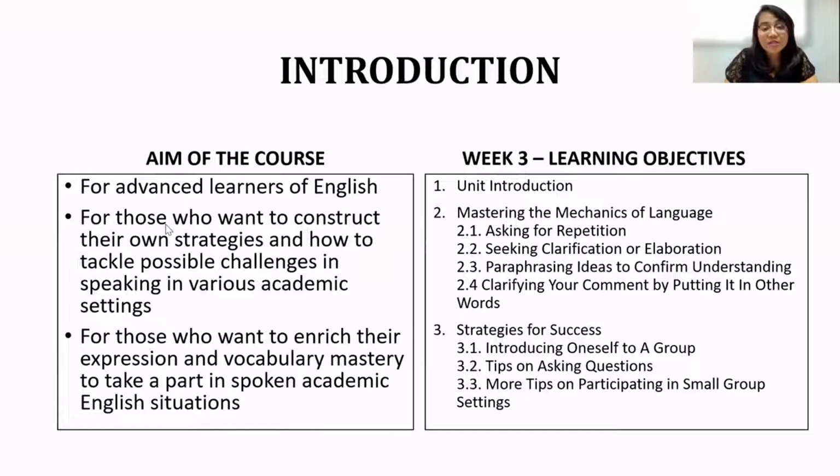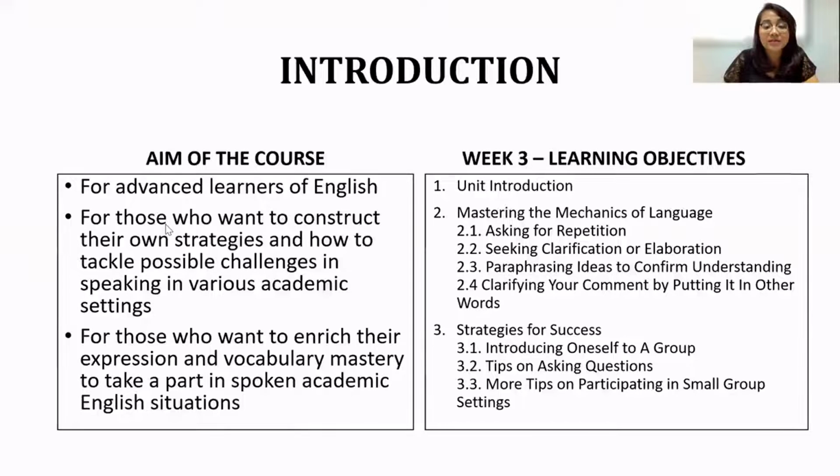So every time we enter a new unit, I will try to provide the introduction of the unit so you know what to expect and what to learn during the unit of the lecture. And then number 2 is about the mechanics of the language. I believe you already know what the mechanics of language is about. It's about the expressions on how to carry out the functions of the academic communication.